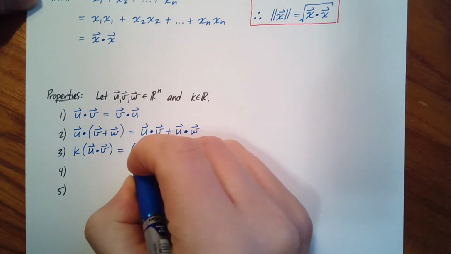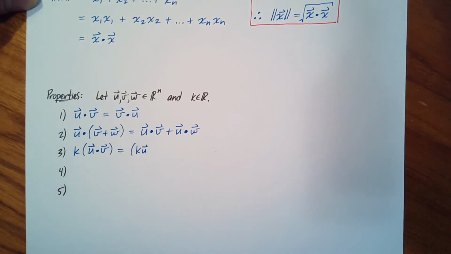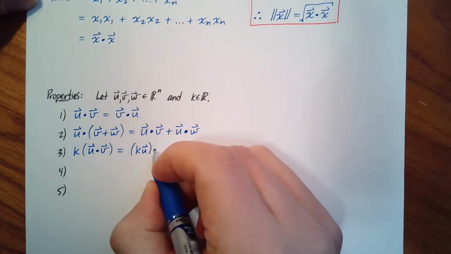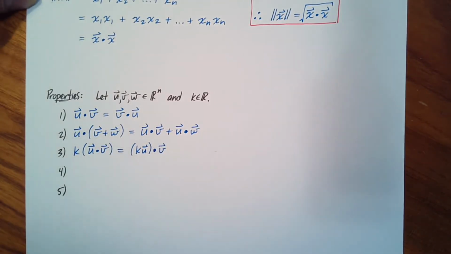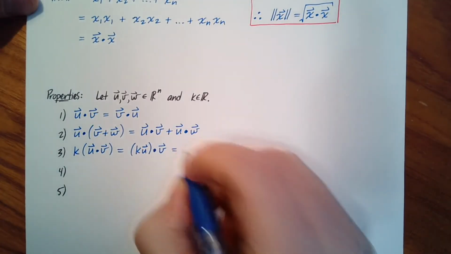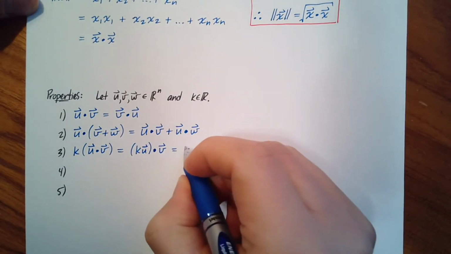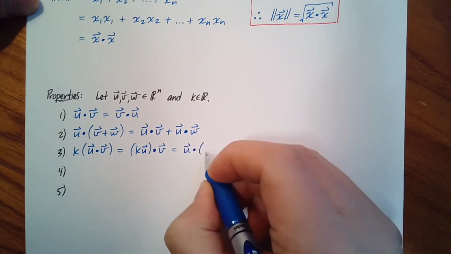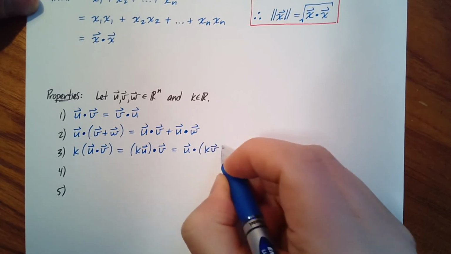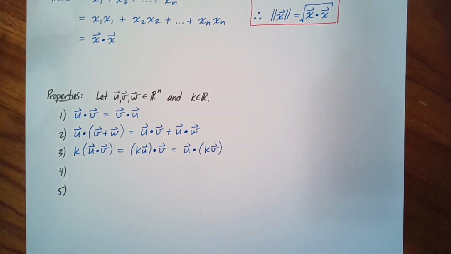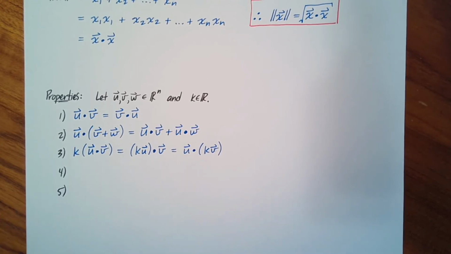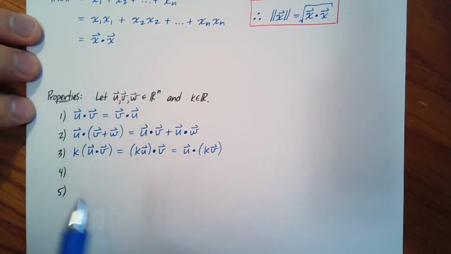I can go k times the vector u, so calculate that scalar product, where the result's going to be a vector, and then I can take its dot product with v. Or I could multiply the scalar onto v instead, and then take its dot product with u. So that's the third way. All three of those calculations are at least conceptually different, but they will all give you the same result. So you can take them to be the same. That's convenient as well. That was the third property.